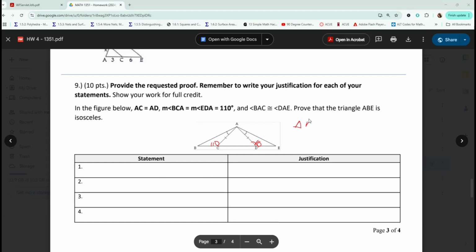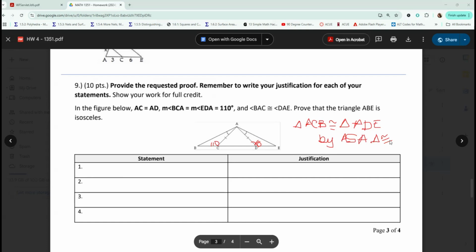So you're going to say that these two triangles are congruent, right? So we need to do the triangle ACB is congruent to triangle ADE by angle, side, angle of triangle congruency. And you can say, Ms. Escobar, so what?